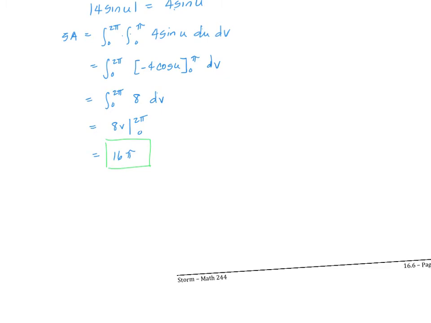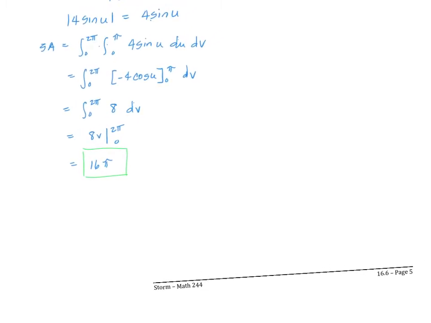I did want to bring your attention to the magnitude of these tangent vectors, their cross product. Remember that was 4 sine of u? Okay, so something to keep in mind, that r was equal to 2 and 4 is 2 squared.